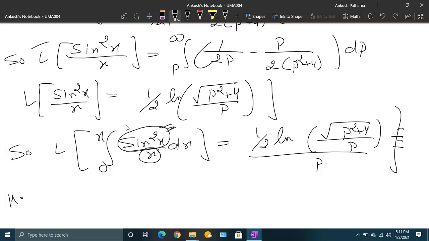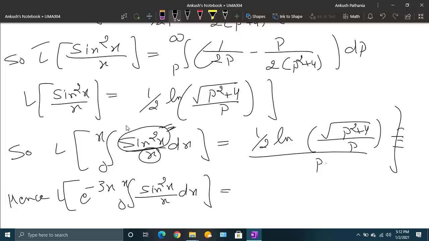And hence the question that is now being asked, the Laplace of e raised to power minus 3x times this. The question actually needs one more property, the first shifting property, to be used. So we just need to change p to p plus 3.